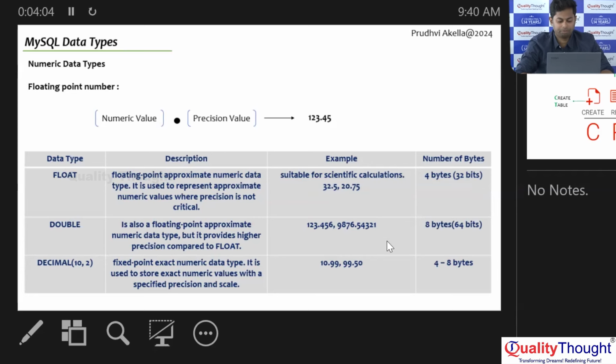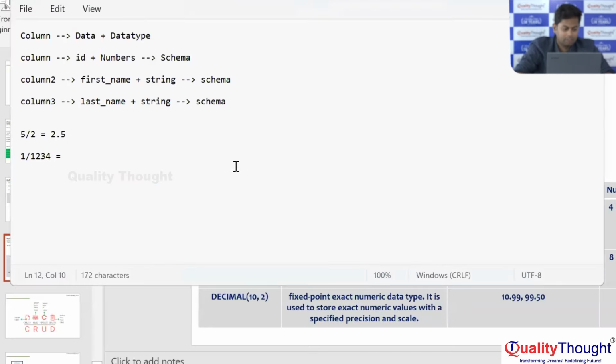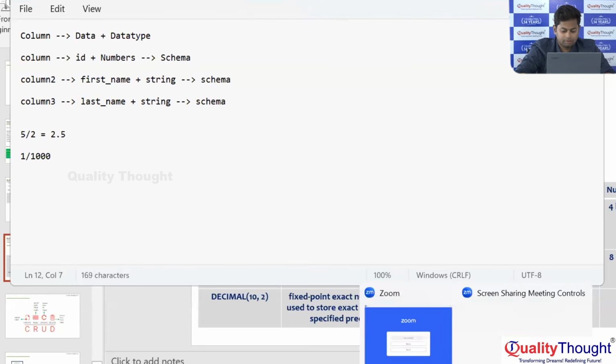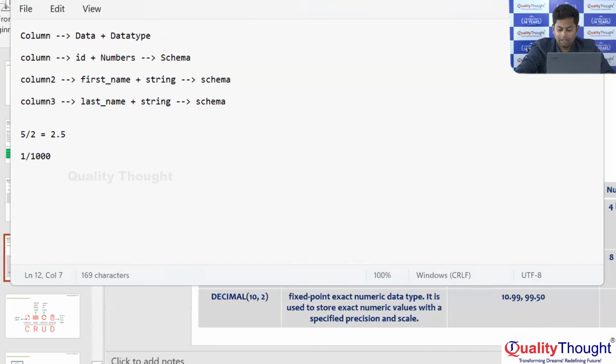So let's say at any point in time, whatever the precision value is, I want to store the first 2 precision values. That means when I perform a particular calculation, where is my calculator?